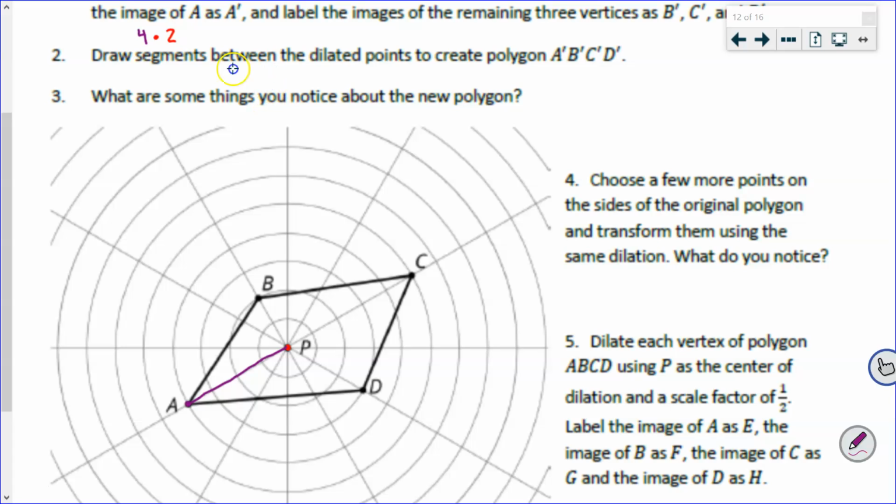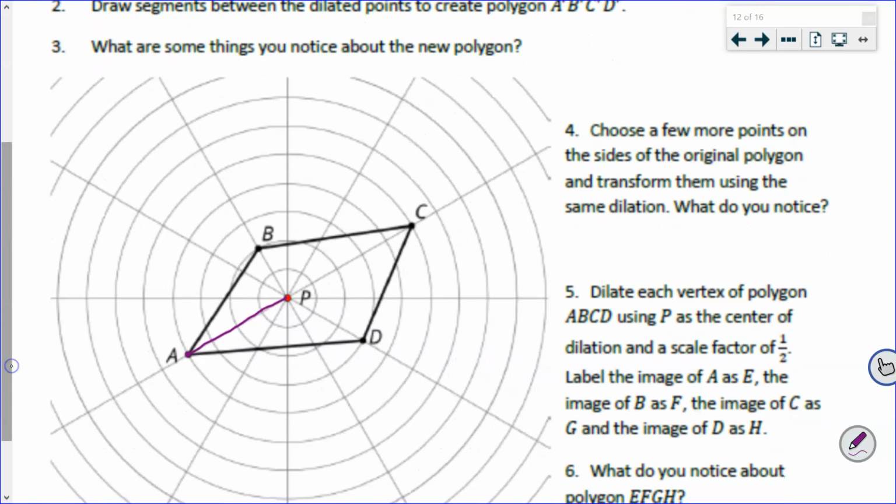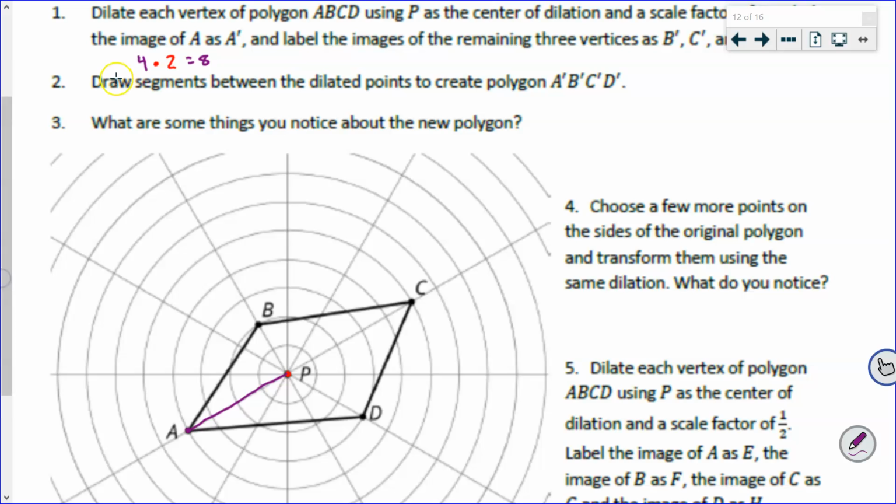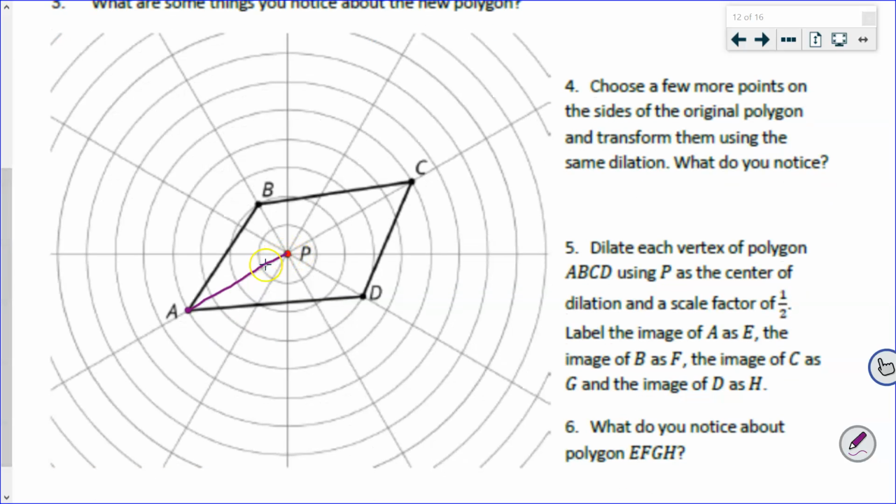In doing that, I get the number 8. So how far away is A prime going to be? 4 is multiplied by 2, so it's going to be 8 away. Let's count that out. 1, 2, 3, 4, 5, 6, 7, 8.